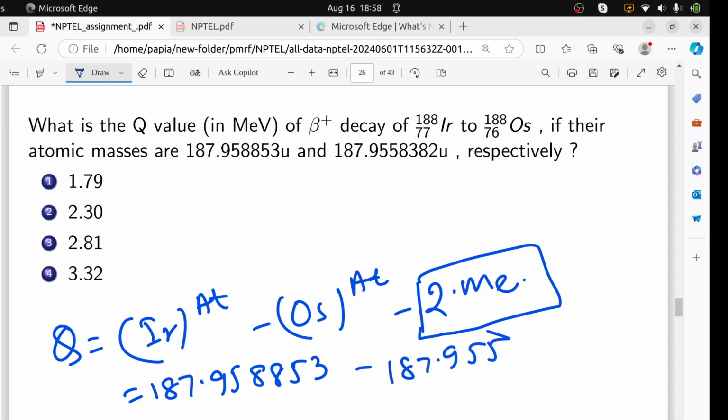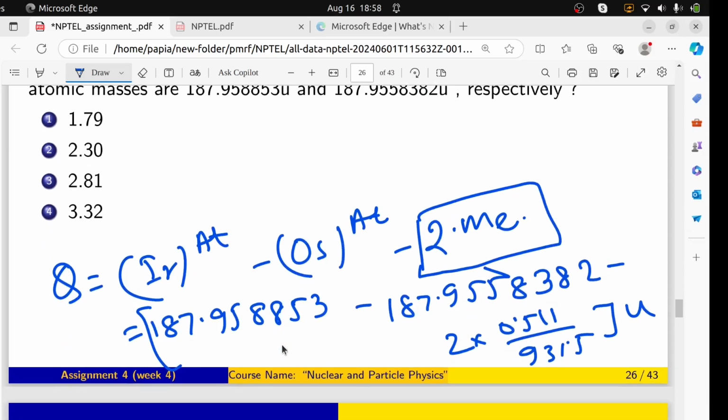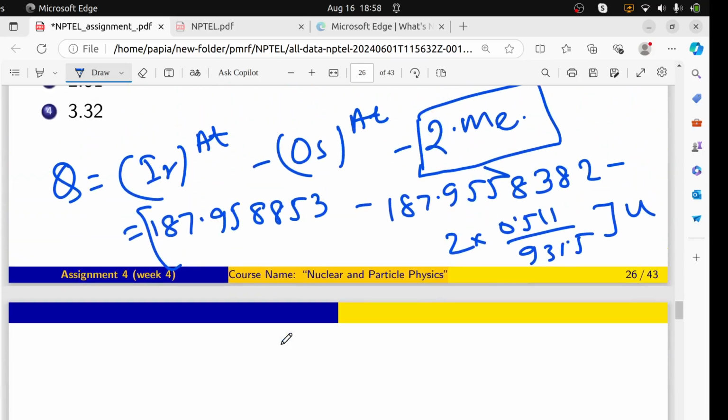187.958553 minus 187.95588382 minus 2 into 0.511 divided by 931.5. That will be whole in U, and then you will convert in MeV. So let's calculate that one quickly. 187.958853 minus 187.95588382.